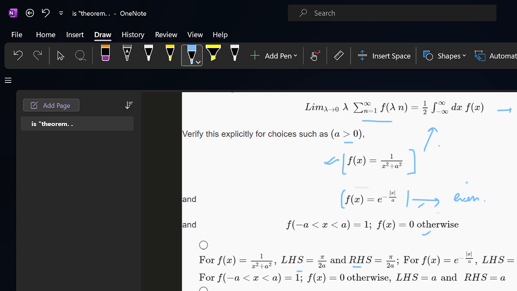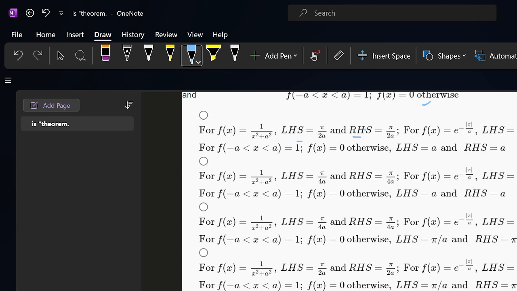Because these are all even functions, this theorem will definitely hold. You just have to derive it and show that LHS equals RHS. So do the same thing: first solve the summation over n and simplify it to some known form so that you can get the value of the summation, then calculate the integral on the RHS, and then equate both parts and see what answer comes.